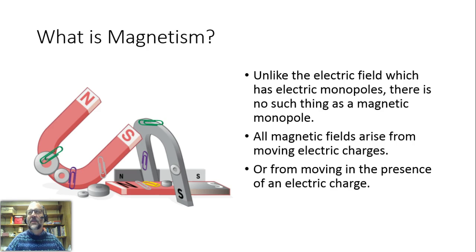If you're a fan of the sci-fi from the 50s and 60s and maybe even the 40s, you'll read occasionally about magnetic monopoles and the magic they're supposed to have. So all magnetic fields arise from moving electric charges, or from you moving relative to an electric charge, or from the spin of an electric charge. By spin, we don't necessarily mean the charge spinning.